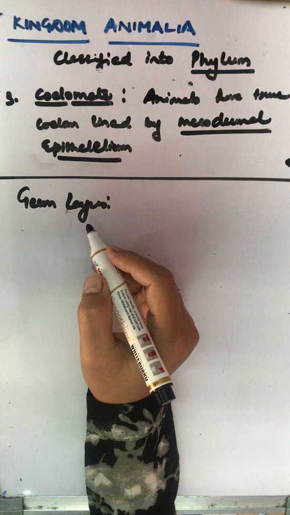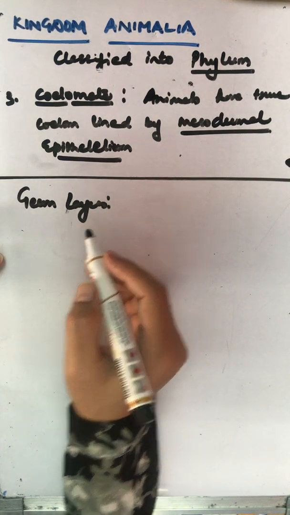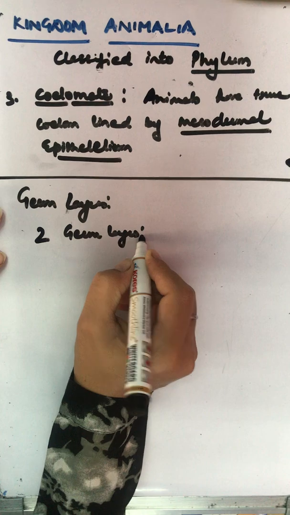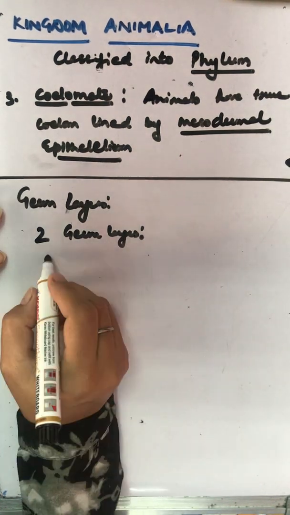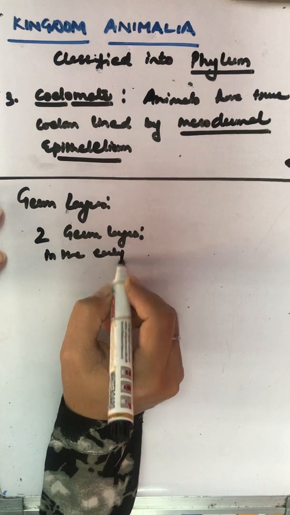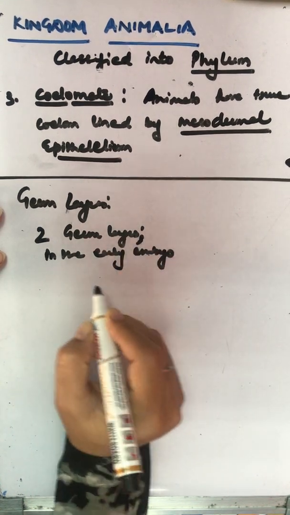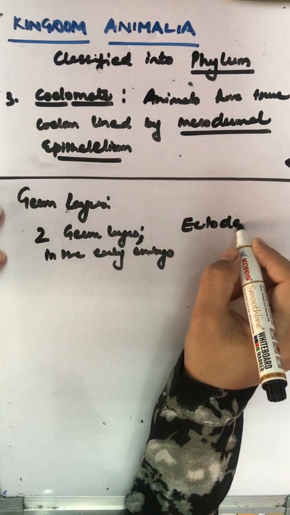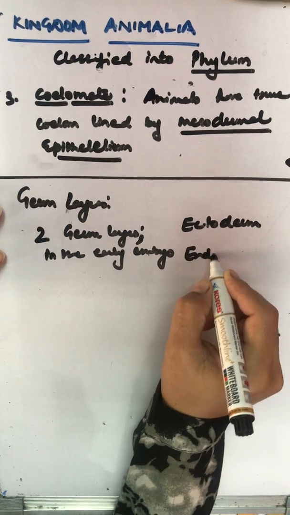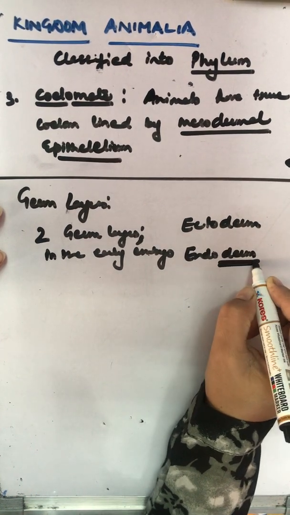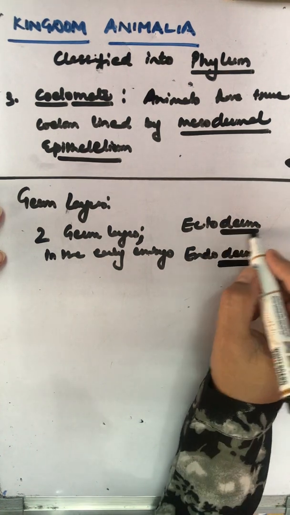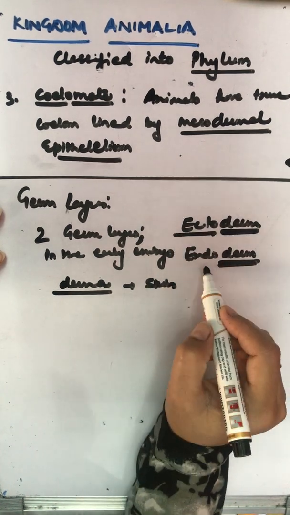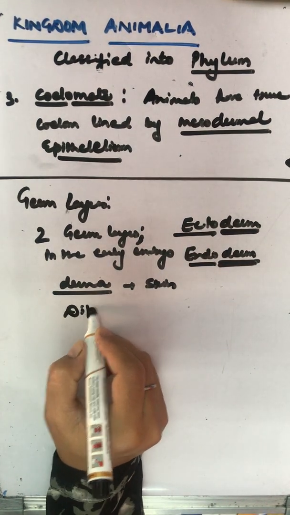Then the germ layers. When we talk about germ layers, we say animals which have only 2 germ layers in the early embryo. Which two? Ectoderm, outer, and endoderm, inner. Derma is the name given to skin. So if they have an outer layer and an inner layer, we call it diploblastic.